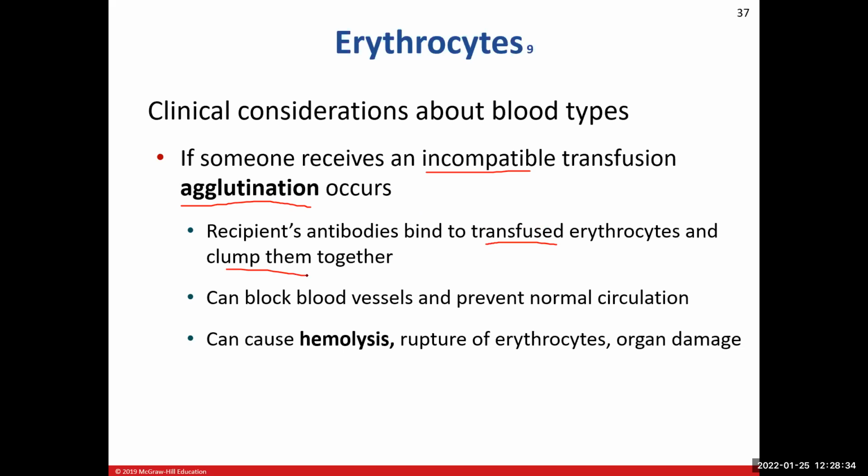That's not good because we can get blood clots and blocked blood vessels that can cause tons of issues. But we can also get hemolysis, and you know what lysis means, to break down. These red blood cells can start to splice and break apart, and it can shred through the tissues of certain organs, and we can get organ damage.